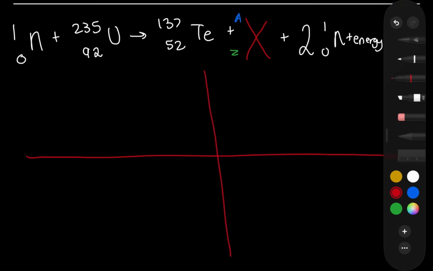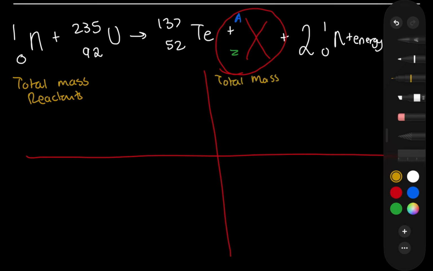Now, we need to find what this missing element is, and its corresponding atomic number and atomic mass. But to do that, again, we need to solve for it mathematically. So on one side, we're going to have the total mass of the reactants, and the other side is going to be the total mass of the products.